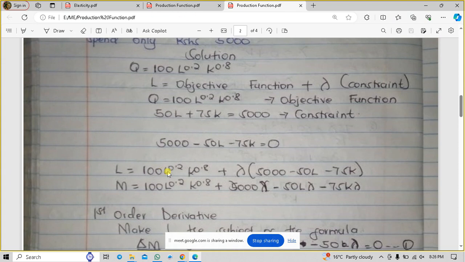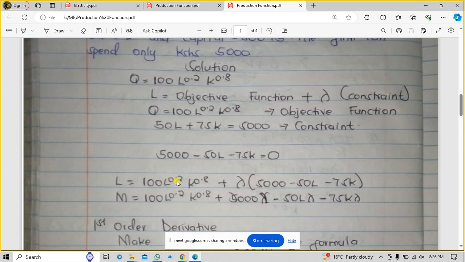100 L to the power 0.2, K to the power 0.8, plus mu into bracket 5000 minus 50L minus 75K. So here I've just tried to distinguish between this L and this L. This L is called the Lagrangian function. This L is the labor.